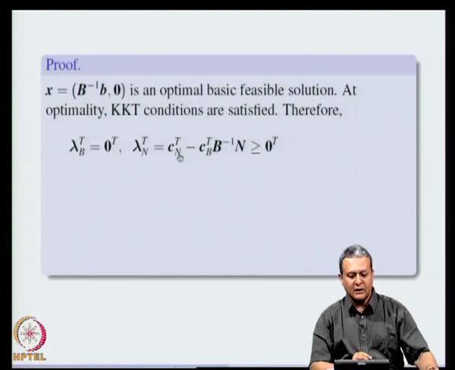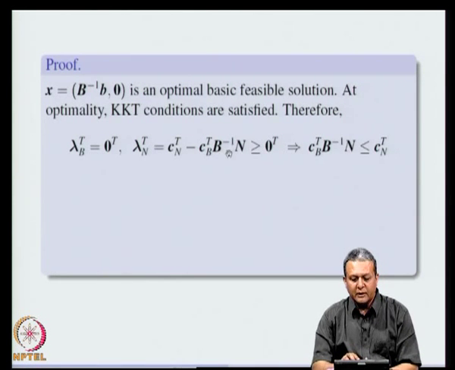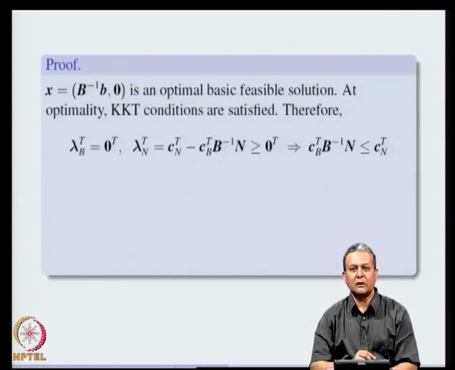Now, we make use of these conditions to write that c_B transpose B inverse N is less than or equal to c_N transpose, and we make use of this fact to check whether A transpose mu is less than or equal to c, because then we can say that mu is feasible.